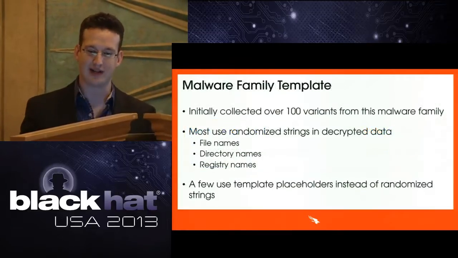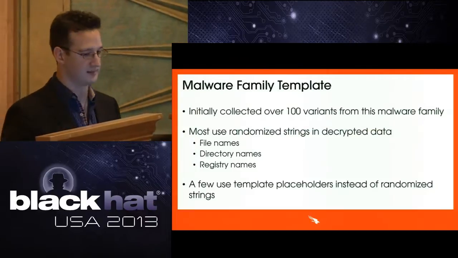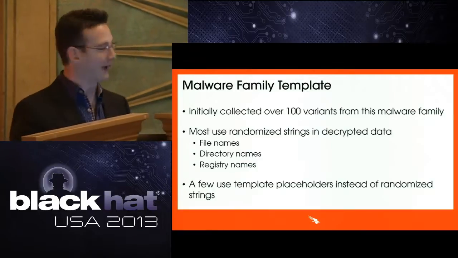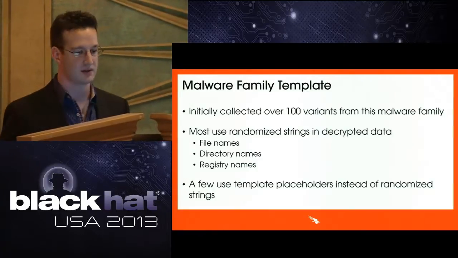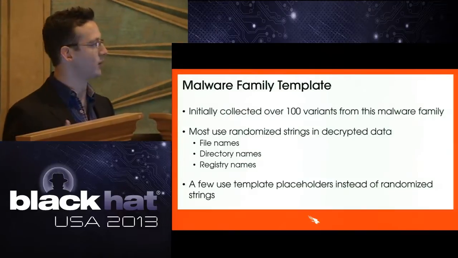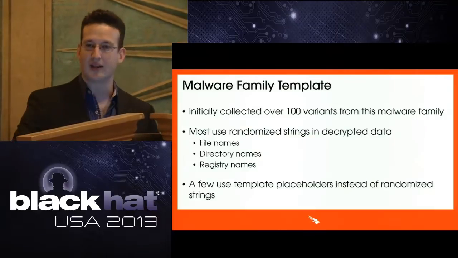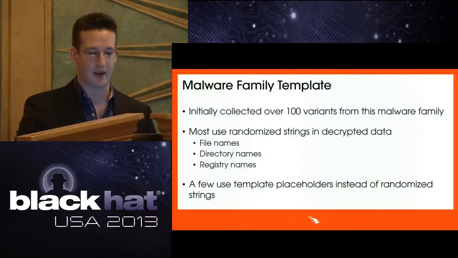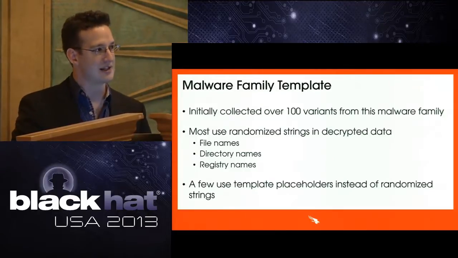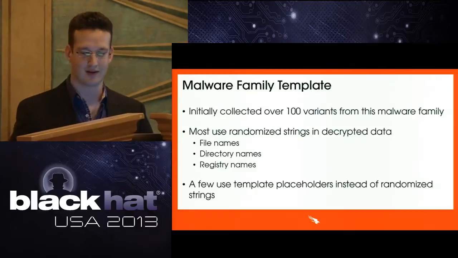Now initially, we had collected over 100 variants from this malware family after doing our initial analysis. And we found that most of the variants used randomized strings in their decrypted data for file names, directory names, and registry names. However, there were a few variants that we spotted that didn't use randomized strings. Instead, they used what we're calling template placeholders, or template data.